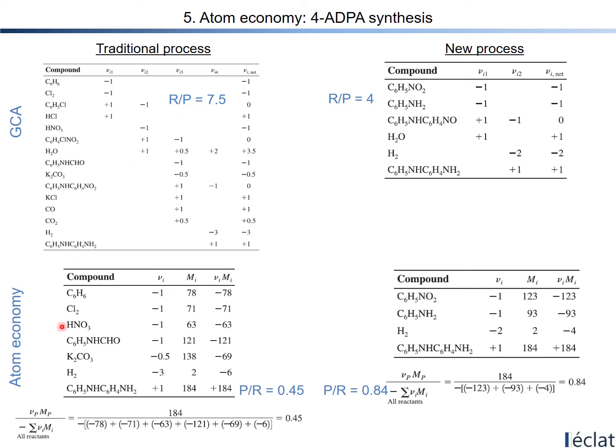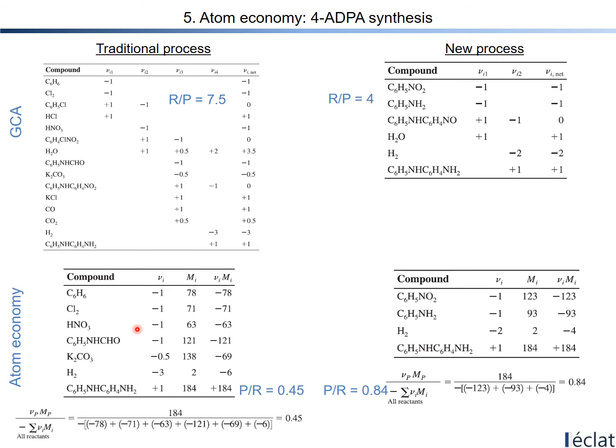At this time, I want to use the atom economy, and I will calculate the fractional atom economy, or PR ratio, the PR mass ratio, instead of the RP mole ratio. As I said before, in the atom economy calculation, what we need is only the reactants and desired products.